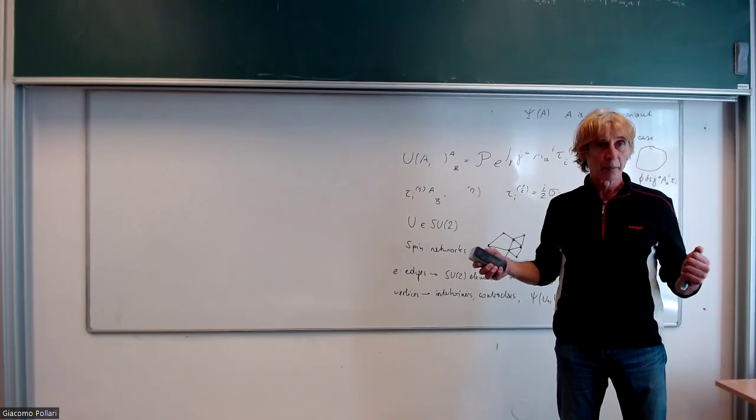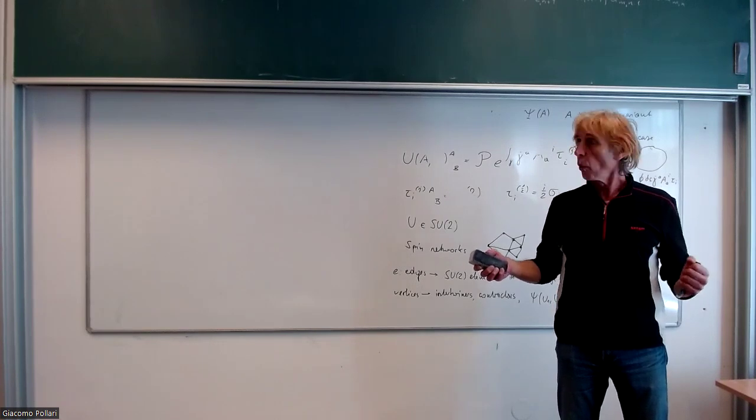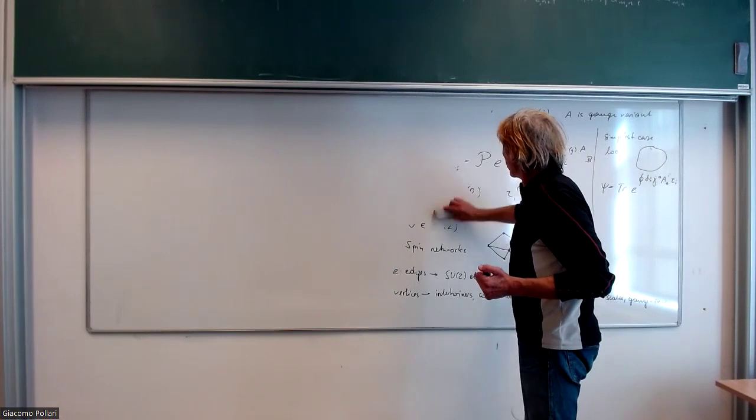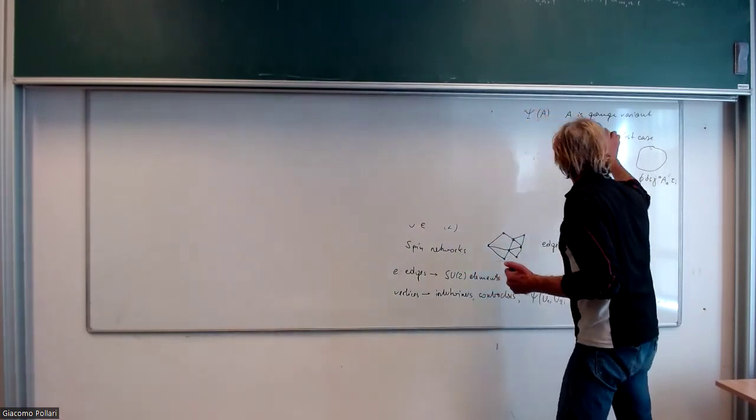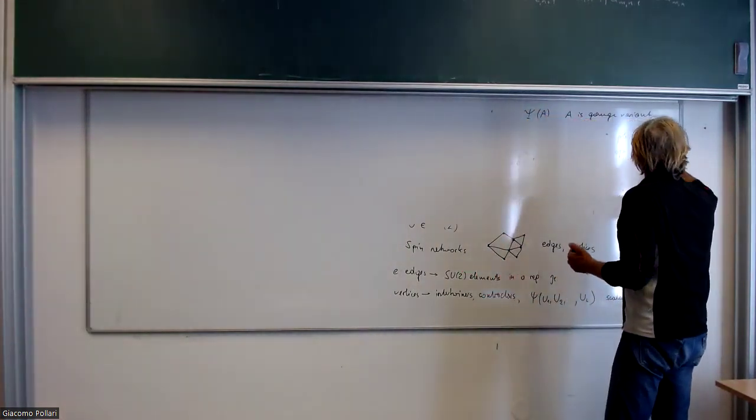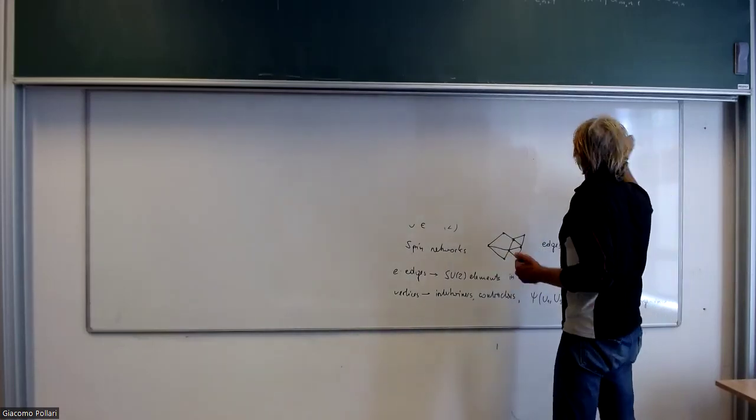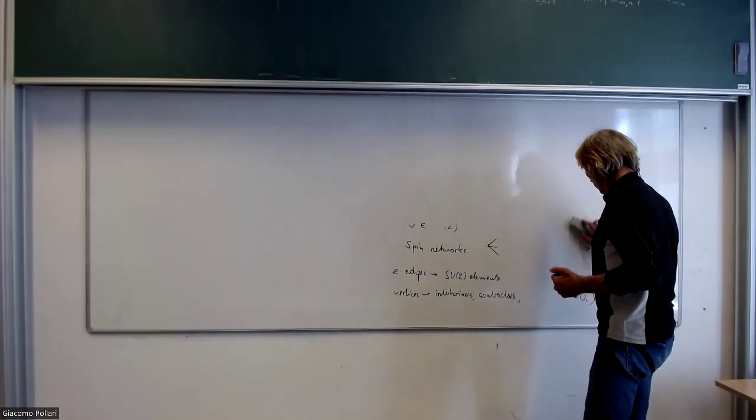But how do you recover Lorentz invariance? Well, with the aid of the Hamiltonian constraint, you can think of this three-dimensional hypersurface embedded into a four-dimensional manifold.